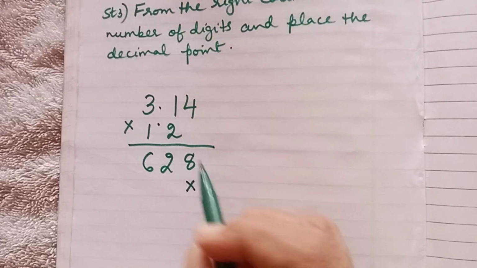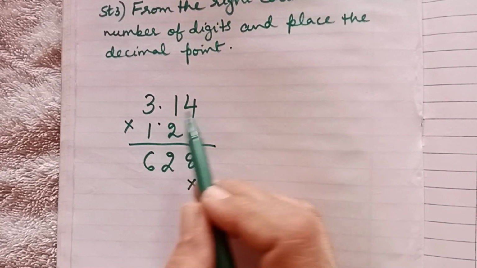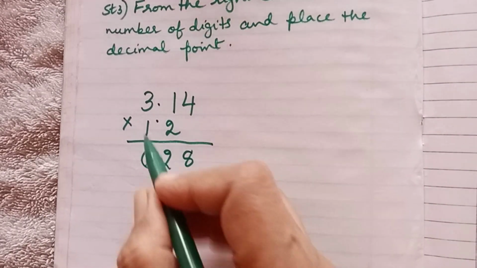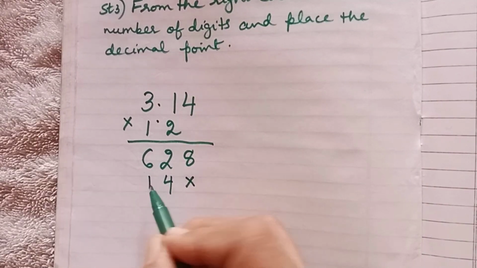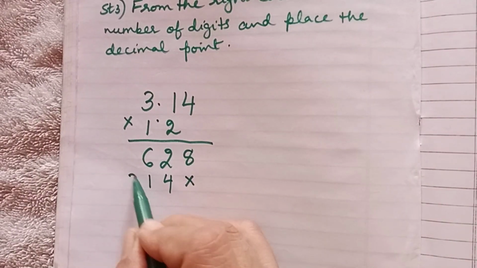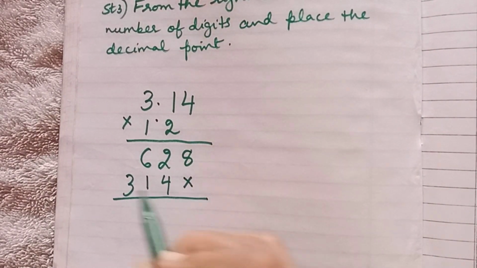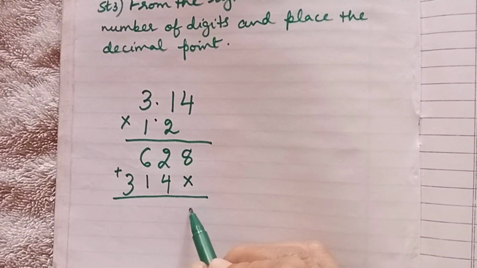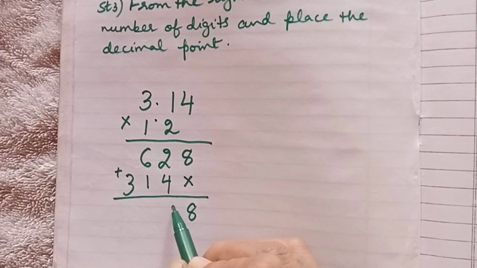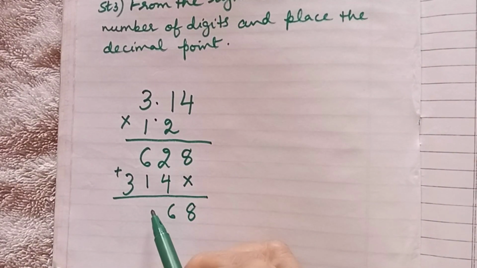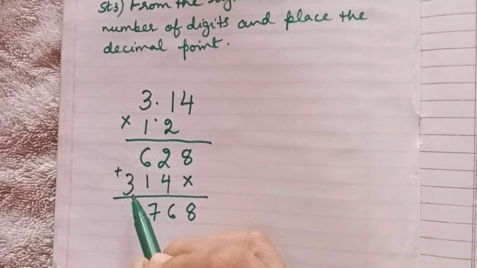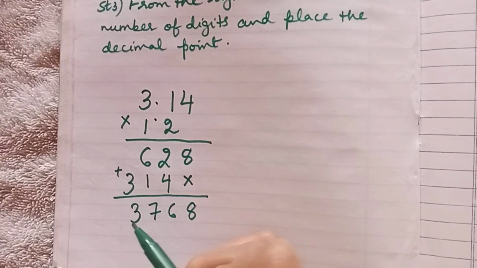Now we'll place a cross here. Now multiply with 1. 1 into 4 is 4, 1 into 1 is 1 and 3 into 1 is 3. So now we will add the numbers. 8, 4 plus 2 is 6, 6 plus 1 is 7, and 3. So here it is 3.